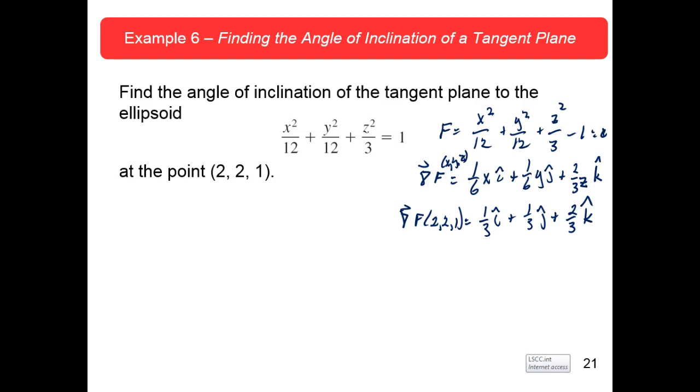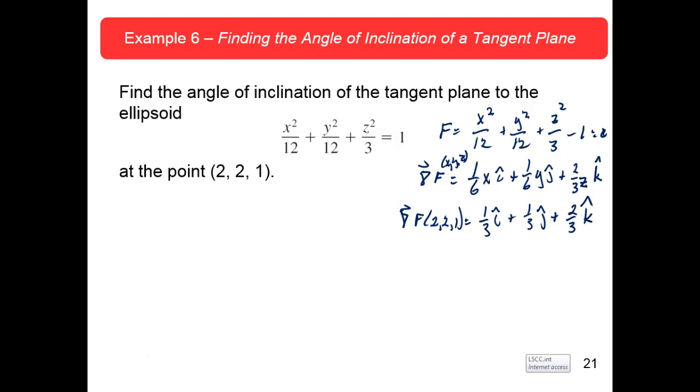Okay, now we can use the gradient as being the normal line. It's not a unit vector, but that's okay, it's in the same direction.